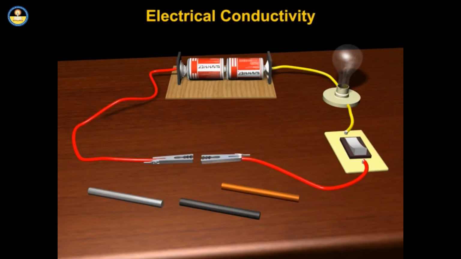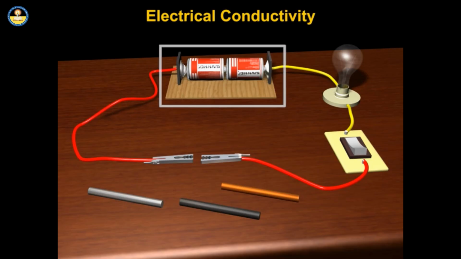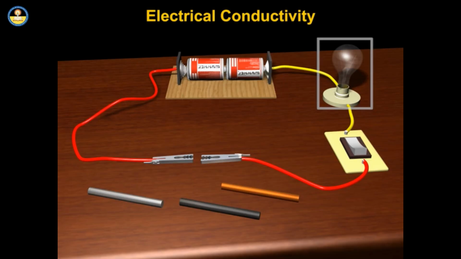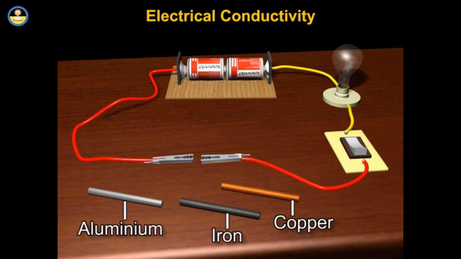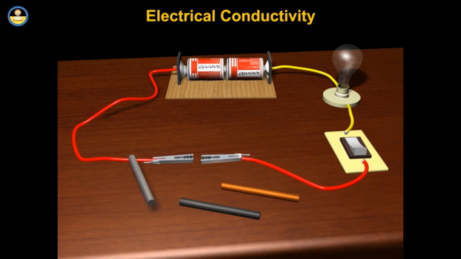Let us perform an activity to understand it better. Set up an electrical circuit consisting of a battery, bulb, switch and clips as shown on the screen. Place the metal strip whose electrical conductivity is to be checked between the clips A and B and switch on the circuit.